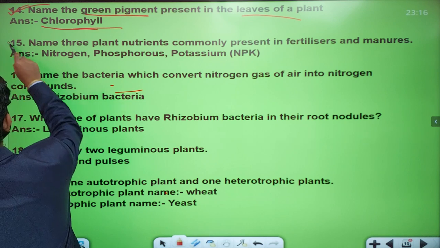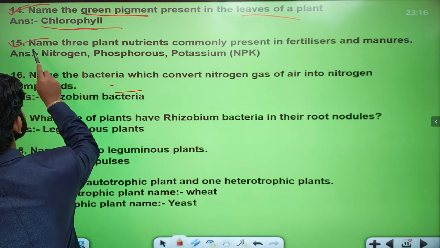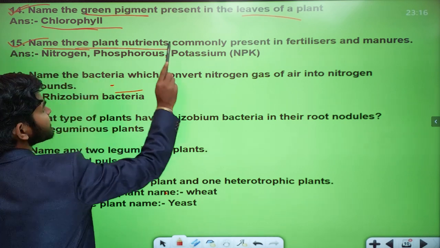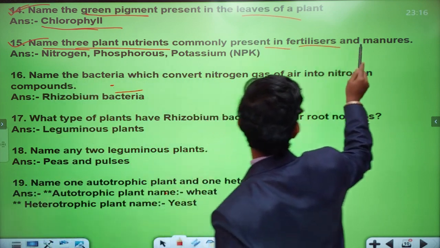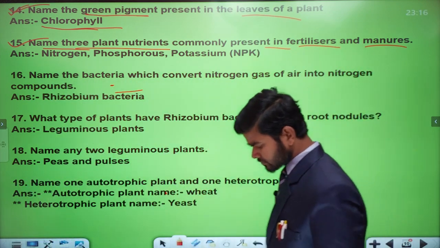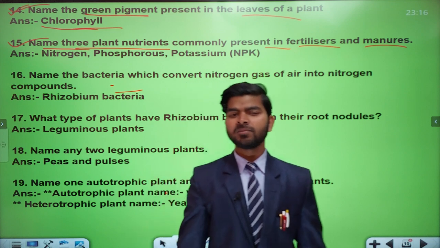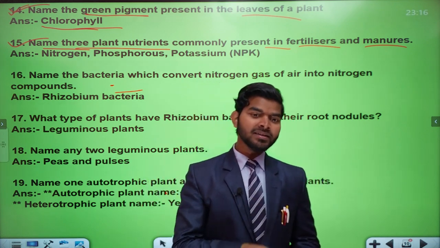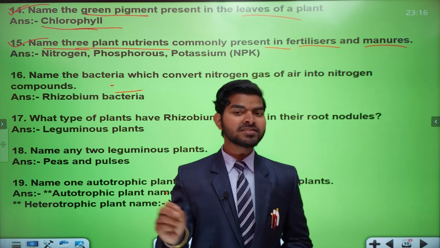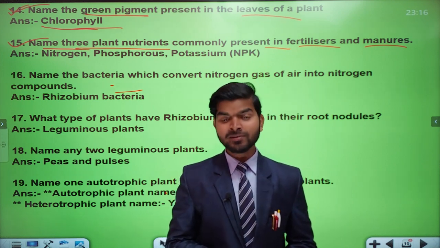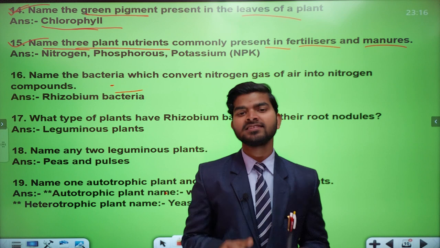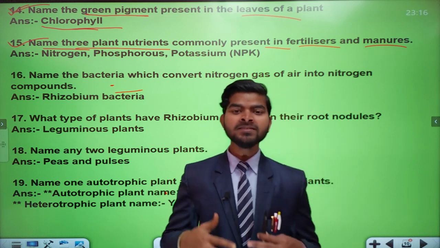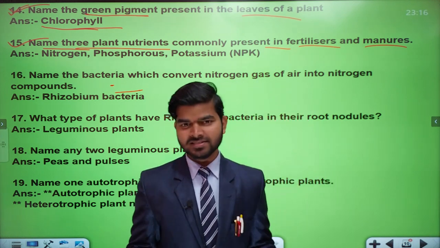Now let us talk about the next question. Question number 15. The question is: name three plant nutrients commonly present in fertilizers and manures. Do you have any idea about the nutrients contained in manures as well as fertilizers? I have told you NPK, where N stands for nitrogen, P means phosphorus, and K means potassium.